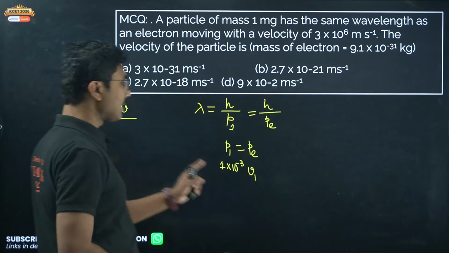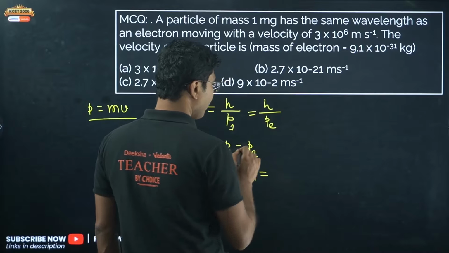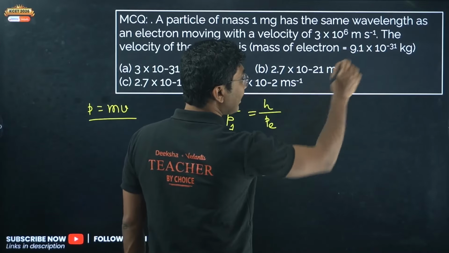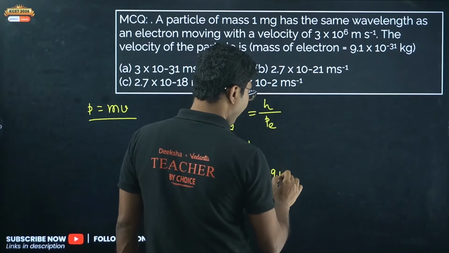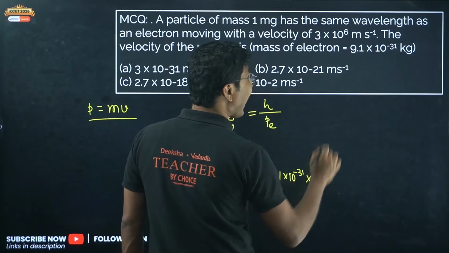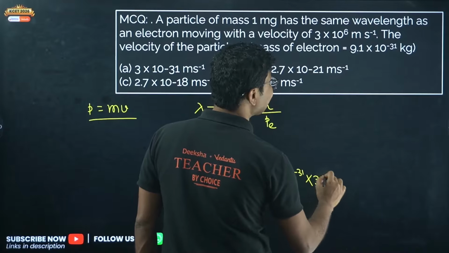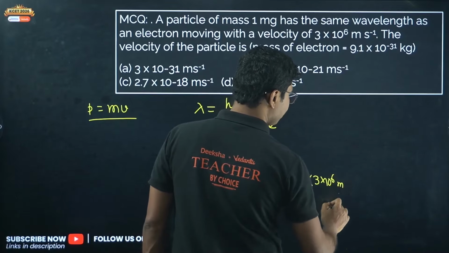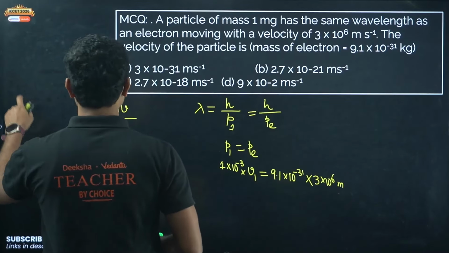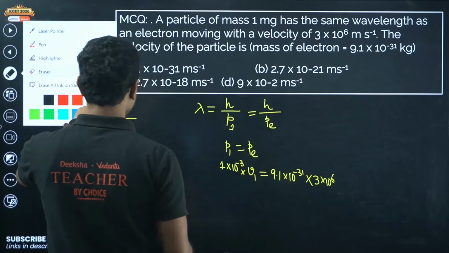For the electron, the mass is given as 9.1 into 10 to the power of minus 31 kg, and the velocity is given as 3 into 10 to the power of 6 meter per second. Units do not matter, you just need to calculate the value.